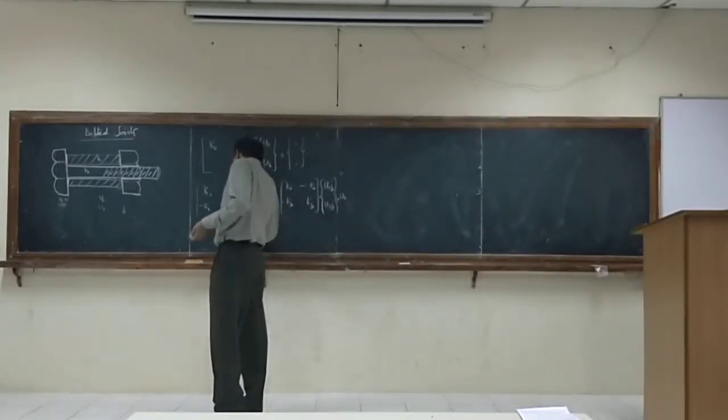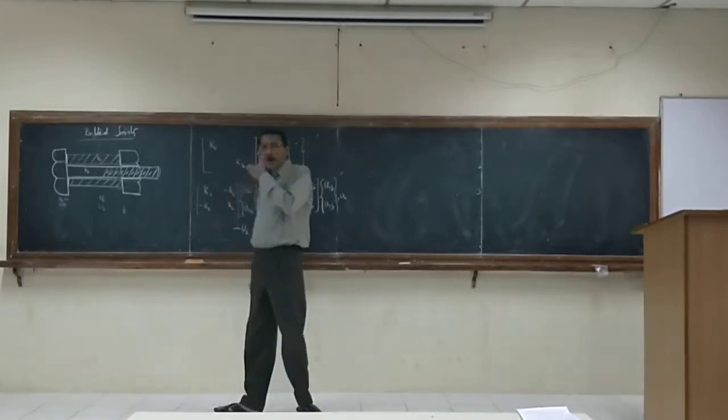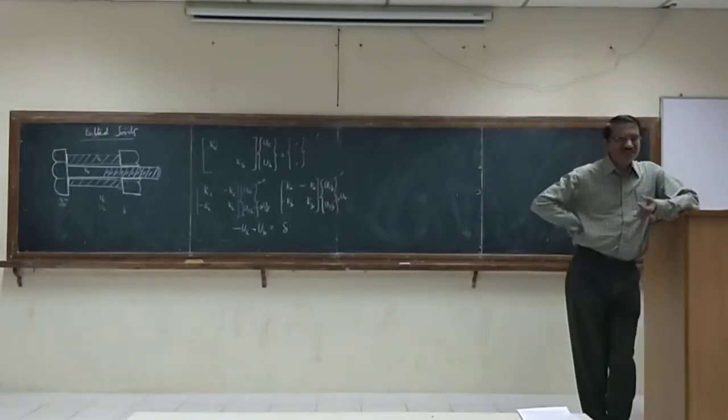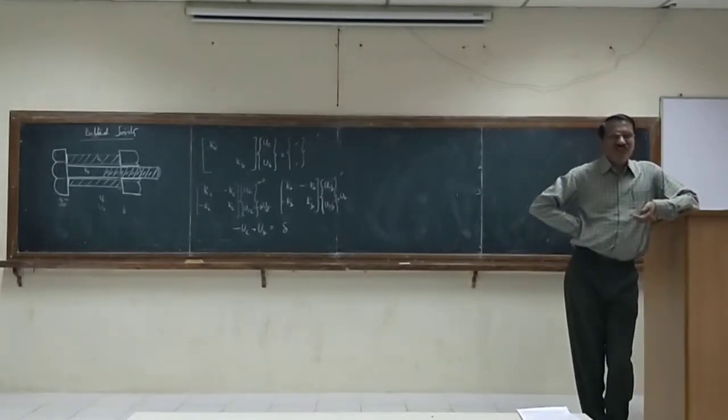It is minus UC plus UB is equal to delta. The delta is the advance of the nut over the bolt. That's the constraint equation.